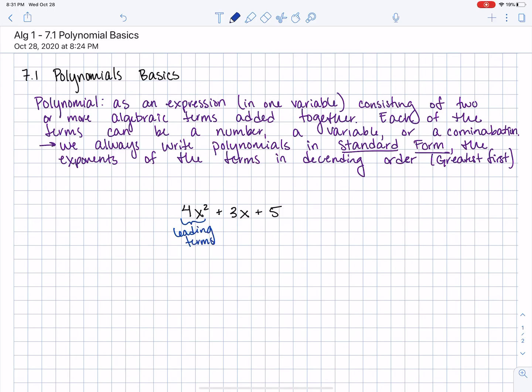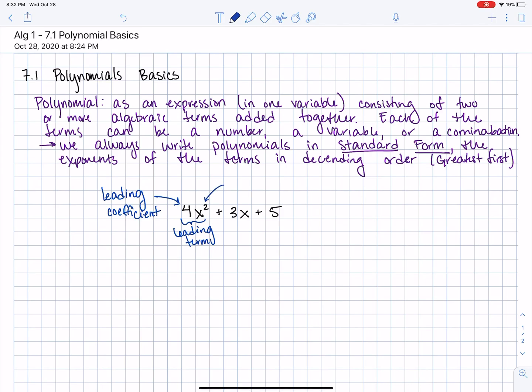And there's parts of our leading term that we need to know about. We need to know about what's called our leading coefficient. And that's the number outside your leading term with the highest degree. And what is a degree?